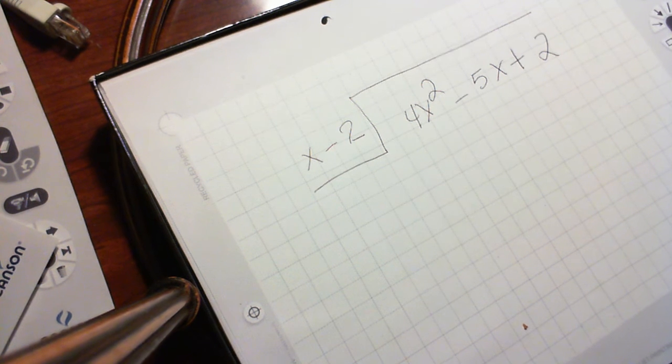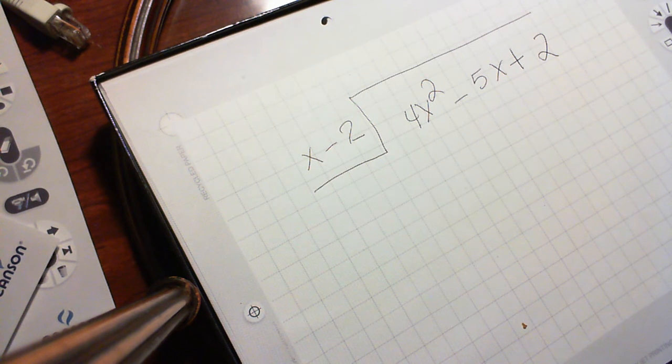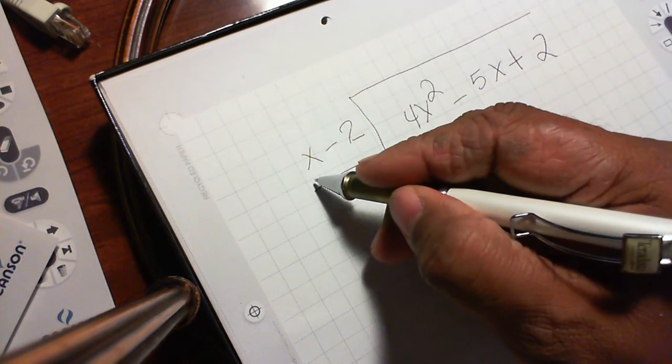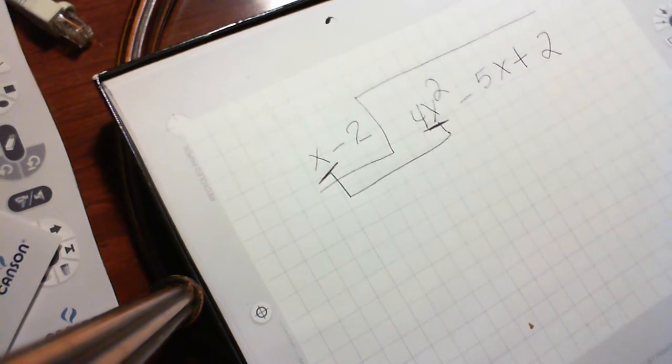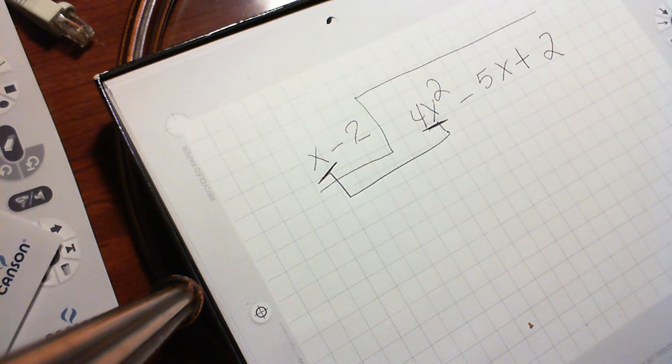Okay, now you have done long division before. You're going to do the same thing, exactly the same thing. What do you multiply this by to get this? Okay, what do I multiply x by to get 4x squared? Of course it is 4x.